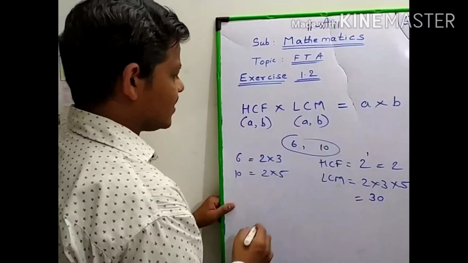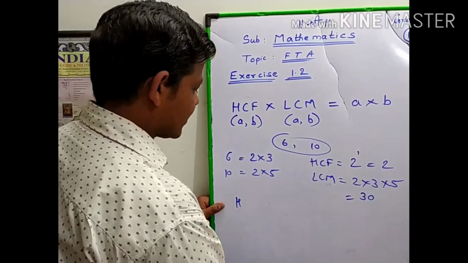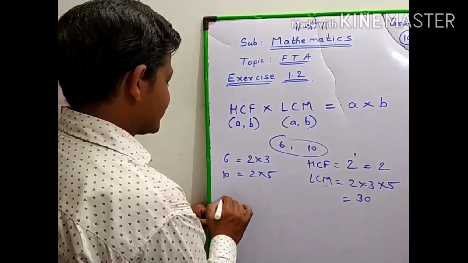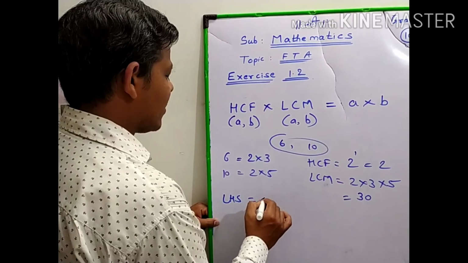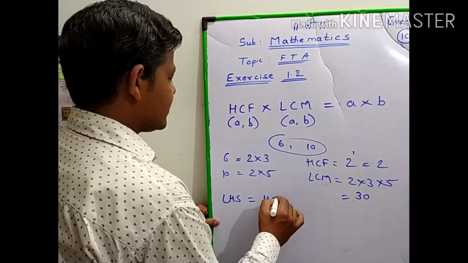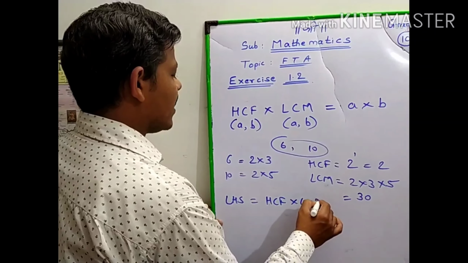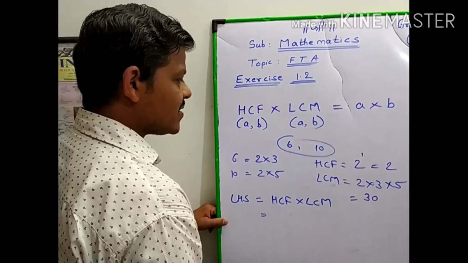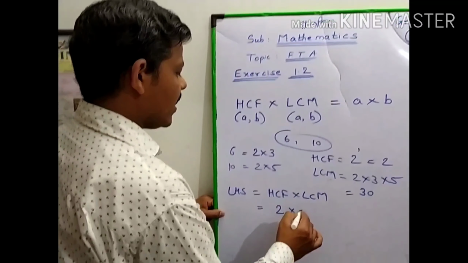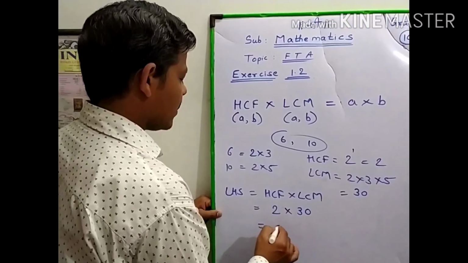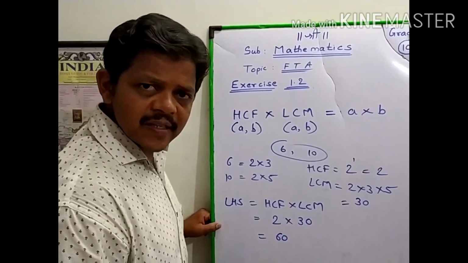Let me check the relation. I will check the left hand side separately, and the right hand side separately. What is our left hand side? HCF into LCM. What is our HCF? 2. LCM is 30. 30 into 2 is 60.